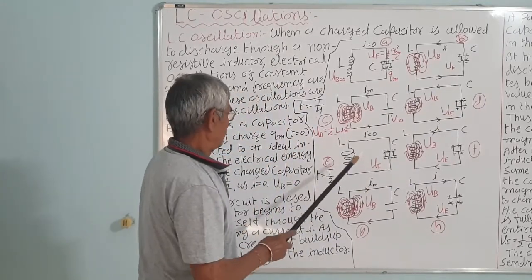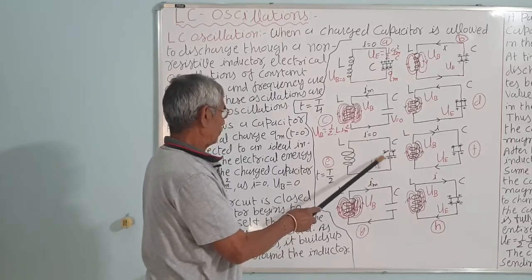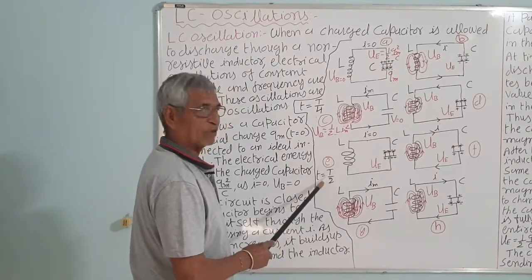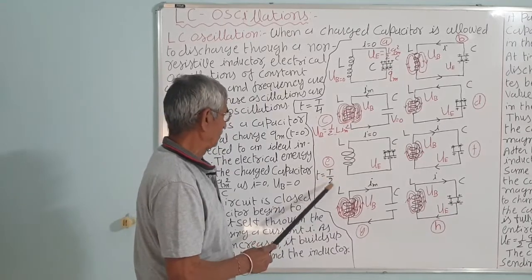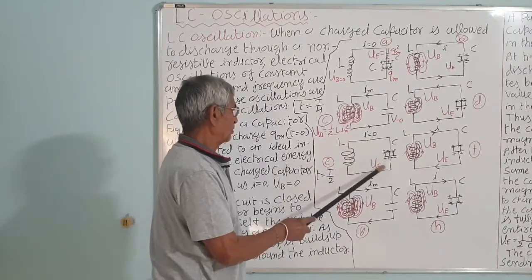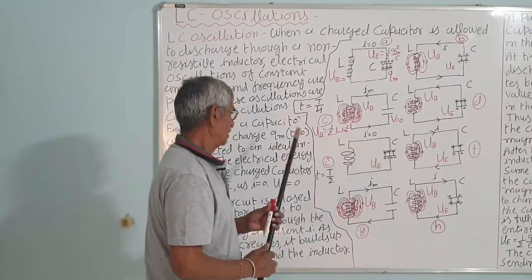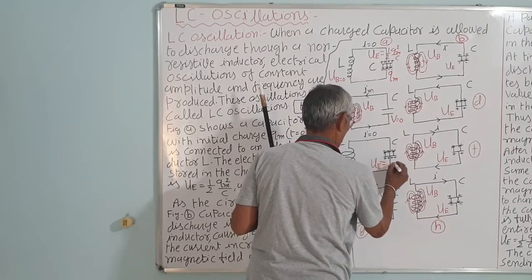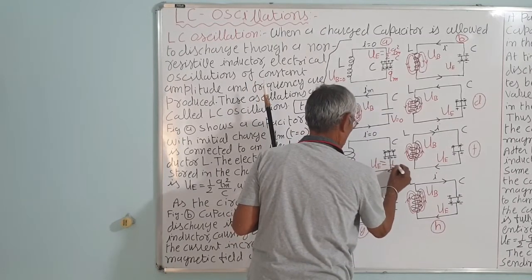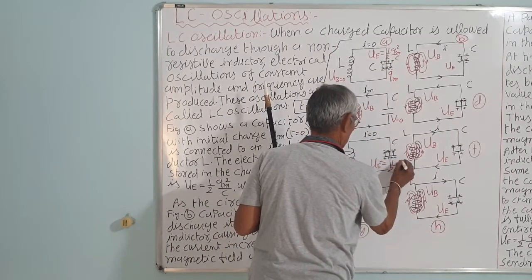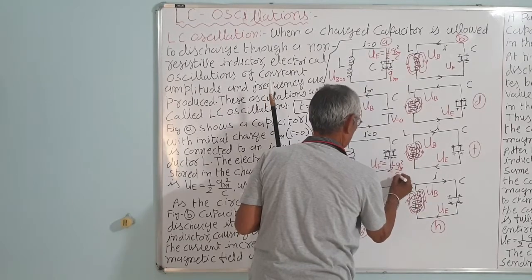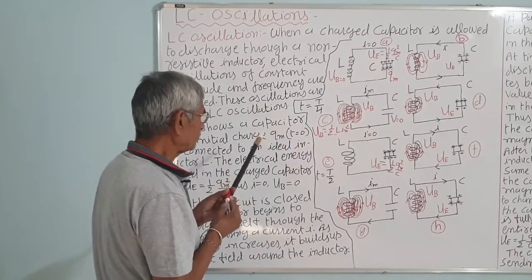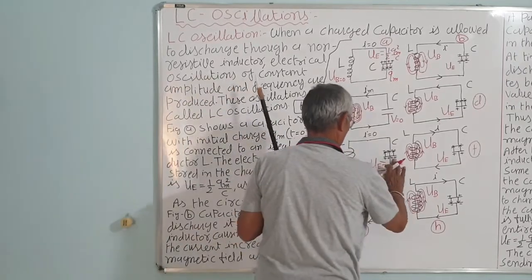So till it becomes fully charged, the magnetic energy is 0 here and time is equal to half cycle, that is T by 2. The capacitor is fully charged, the energy is fully electrical energy, that is UE is equal to half Qm square by C, again the same energy, correct.